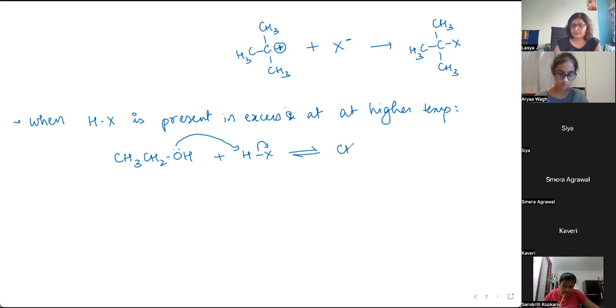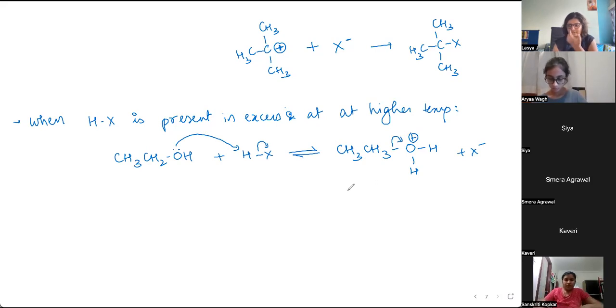So this is going to form, with the same mechanism you learned earlier. This will take on a pair of electrons and X minus will attack the carbon. This in turn will produce CH3CH2X.